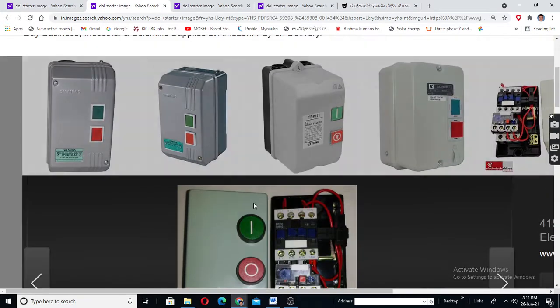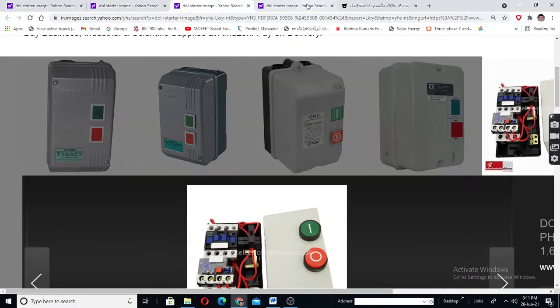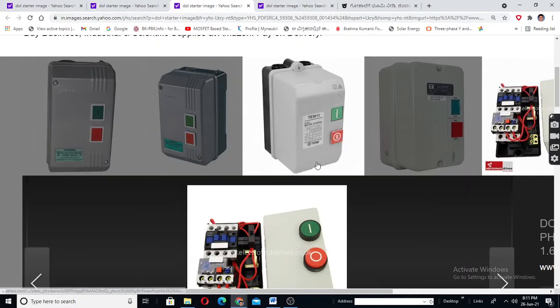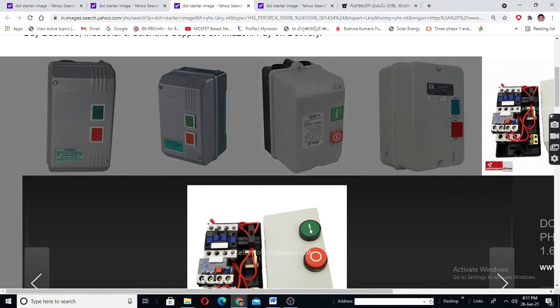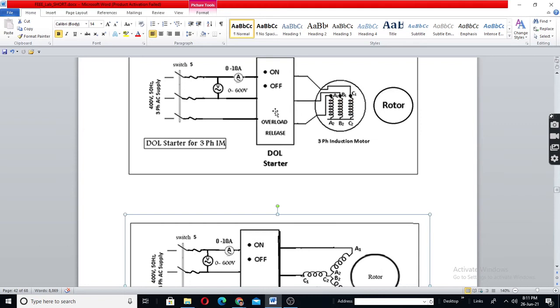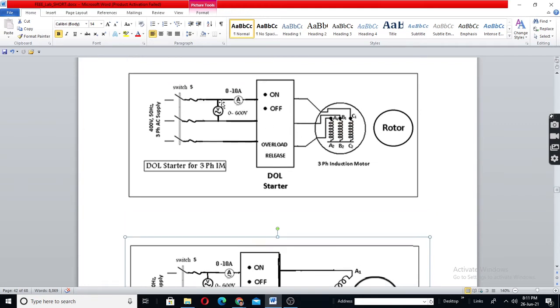Now, when you press the start button, the green button, the left three terminals will get connected to the right three terminals. Means supply terminals will get connected to the motor terminals and the motor will get supply.